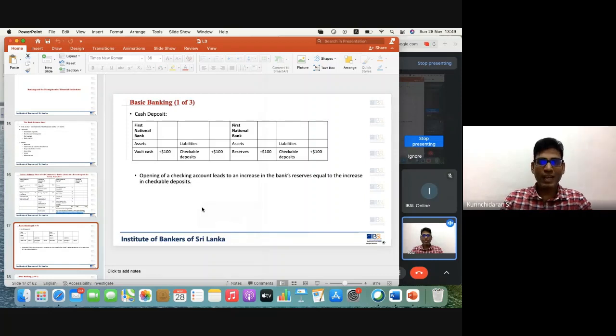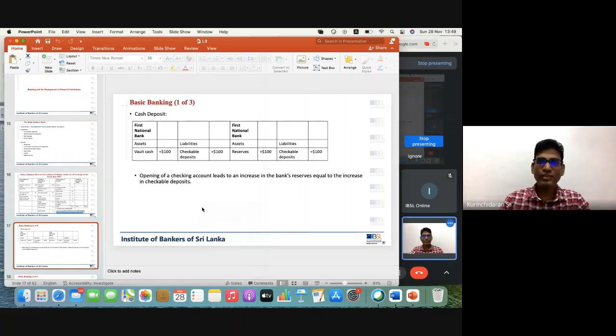So you now have to keep it in a central bank account, and we call it a reserve. We have given this bank a name, First National Bank. Now if you take the balance sheet, on the liability side you have the customer deposits, 100, and on the asset side, reserves.